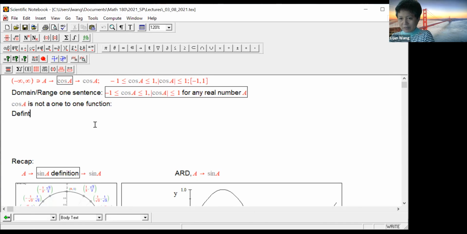So let's revisit this definition. The definition of a one-to-one function is whenever. What is the opposite of whenever? The opposite of whenever is also whenever.